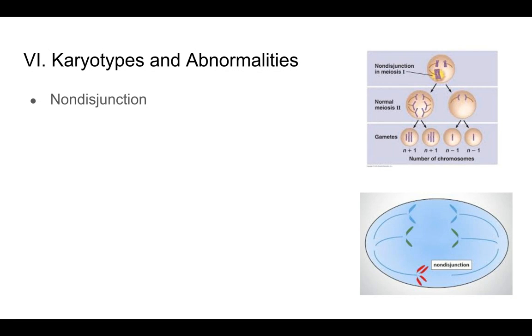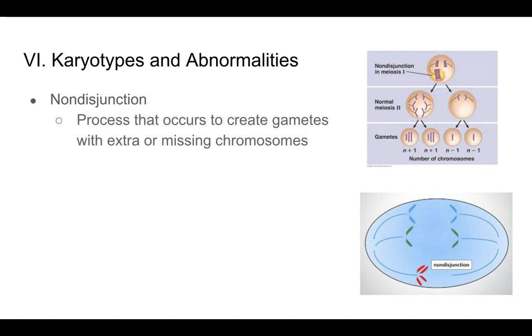Well, this is by way of a process called non-disjunction. And so there's your vocab word, non-disjunction. Non-disjunction is a process that ultimately creates gametes with too many or too few chromosomes.